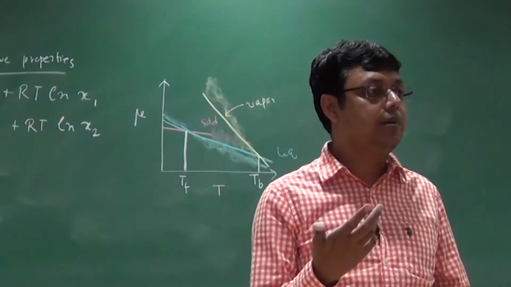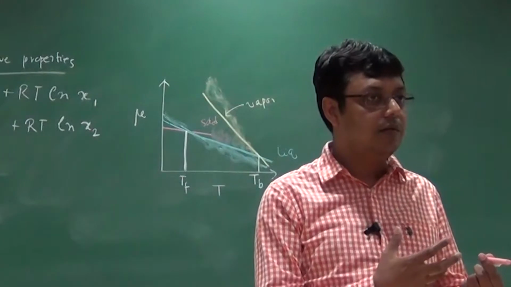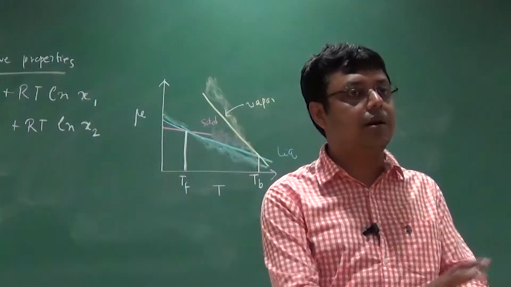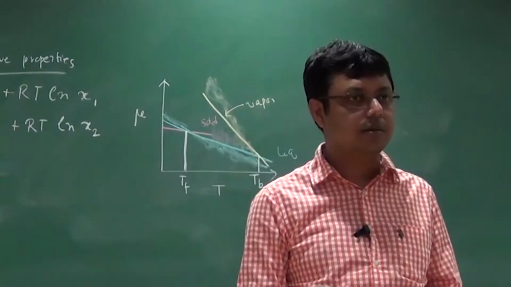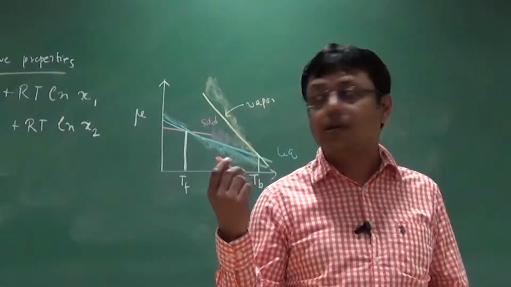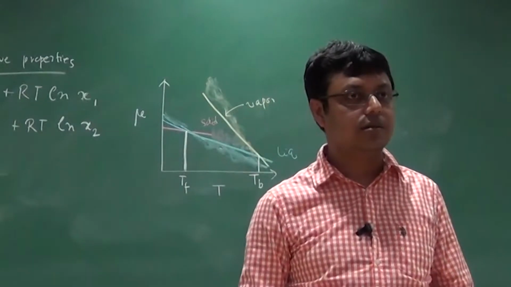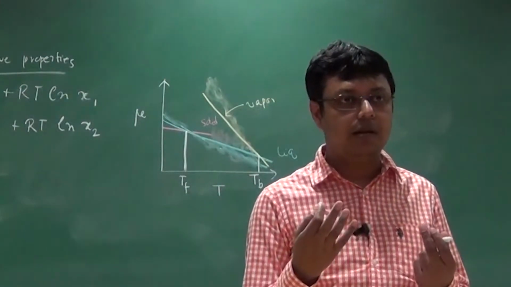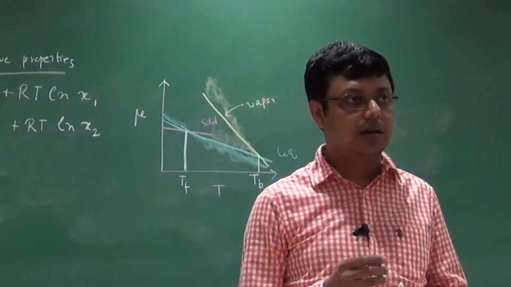Solid phase pure means that when it is crystallizing, forming solid, you can think that the water is crystallizing separately from the sodium chloride. That's an assumption. Then we can further assume that the solid curve will also not change. So the only change for mu that will happen is for the liquid. Clear?